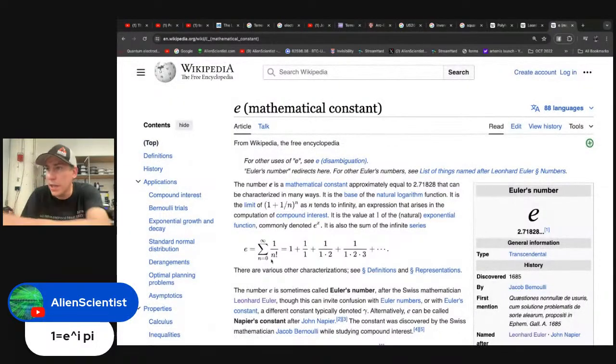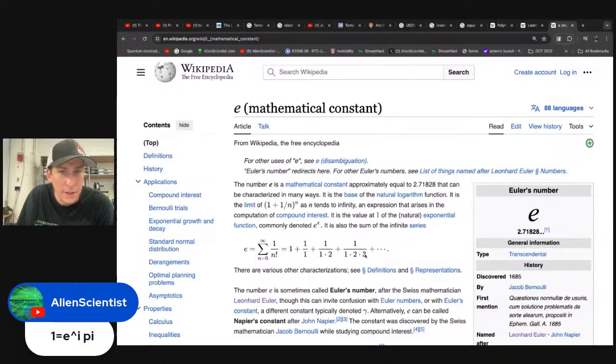So in order to get e, it's the summation from 0 to infinity of 1 over n factorial. Okay, so n factorial is just 1 in this case: 1 plus 1 over 1 plus 1 over 1 times 2, and then 3, all added up to infinity.